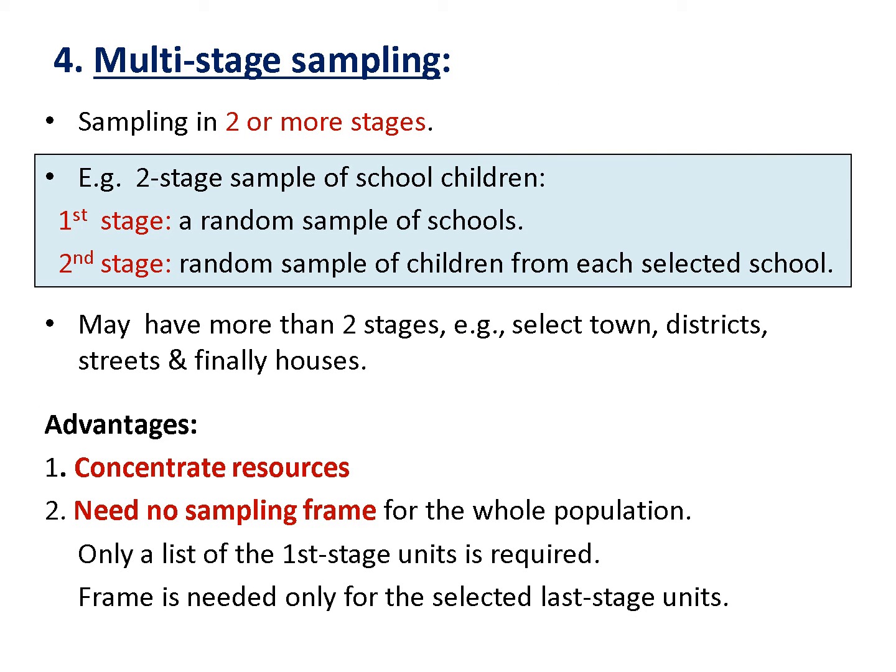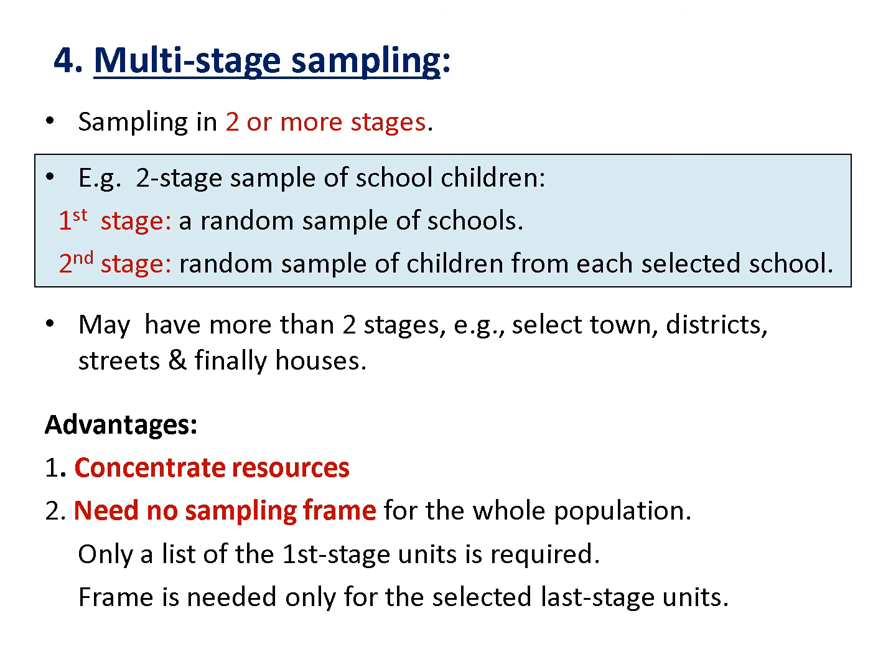The fourth type of random sampling is multi-stage sample, and from its name we divide the study population into stages, or we take the sample in the form of 2 or more stages. For example, a two-stage sample of school children. In the first stage we take a random sample of schools, and then in the second stage we take a random sample of children from each selected school, and it may have more than 2 stages.